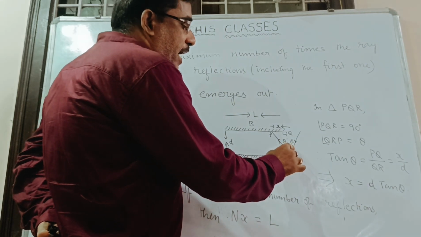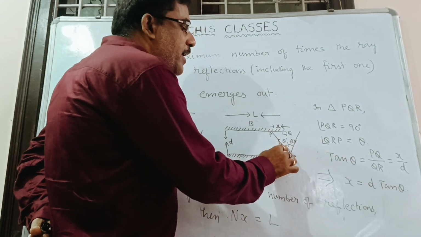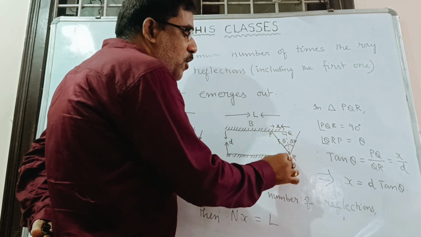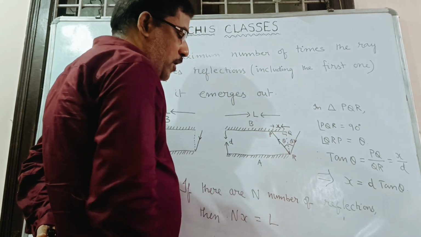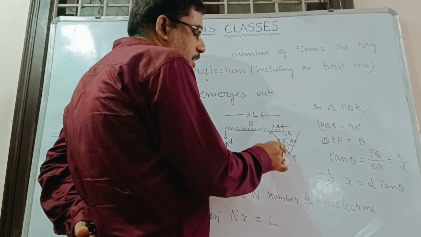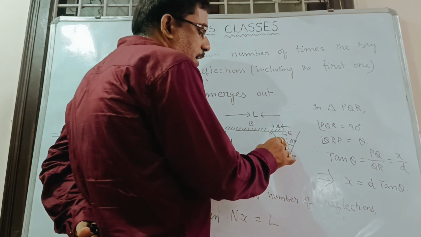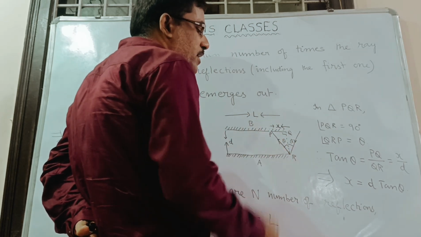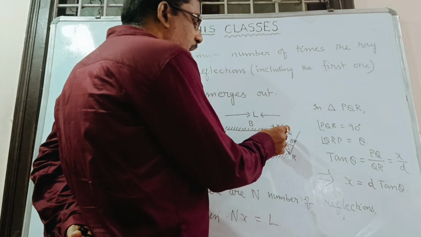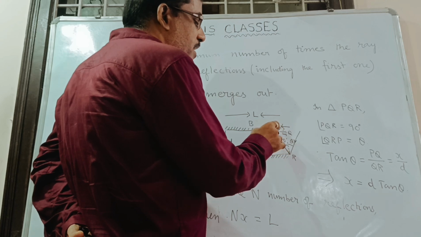Let the angle of incidence be theta. Then this RQ line is a dotted line. RQ is the normal, and this is the reflected ray. RP is the reflected ray, and the same theta will be the angle of reflection. Let this distance be x.